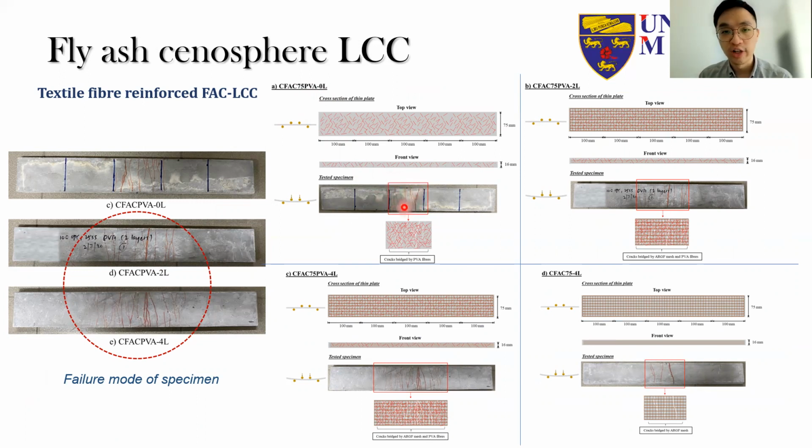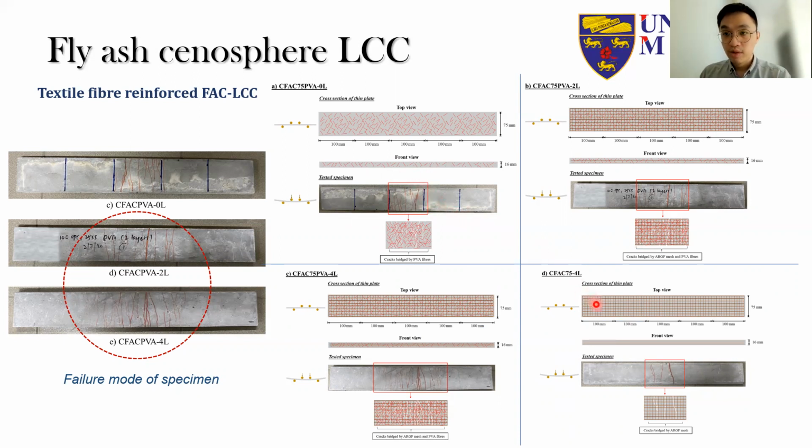These are mostly concentrated at the center when we subject this composite to flexural load, and the main contribution in resisting the tensile or flexural cracks is because of the fibers only. But even with only the fibers, we can see multiple cracking still exists. So it means that the 1% PVA fibers can already overcome the brittleness of the fly ash cenosphere LCC.